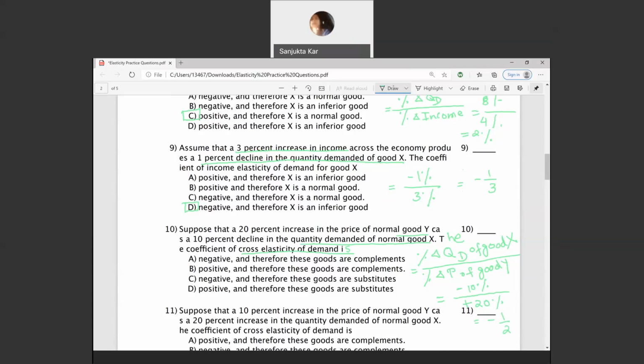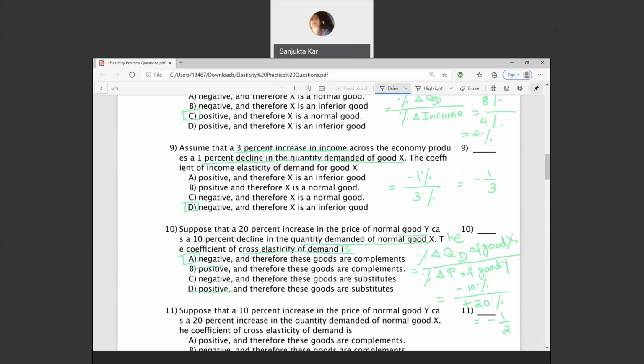So definitely this is not a positive value. So it's going to be A or C. This is going to be A here. These goods are complements. So when we have a negative value, the goods are going to be complements.